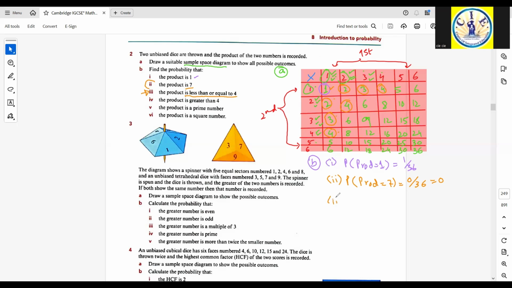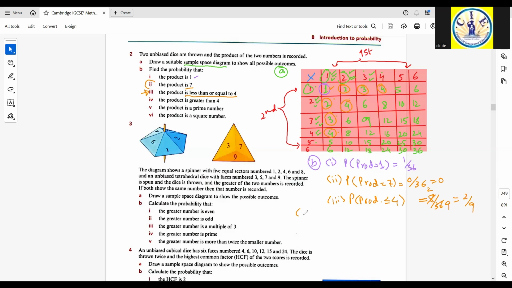So in the third part, these are 8 by 36. That's the product being less than or equal to 4. Simplifying it, 4 twos are 8 and 4 nines are 36. So 2 by 9.